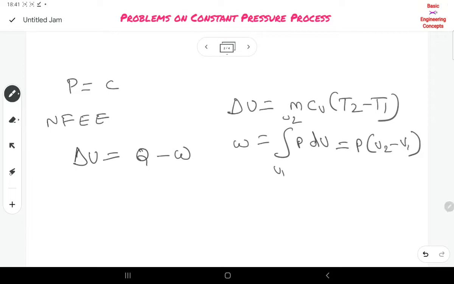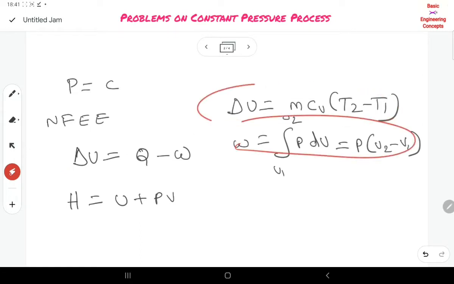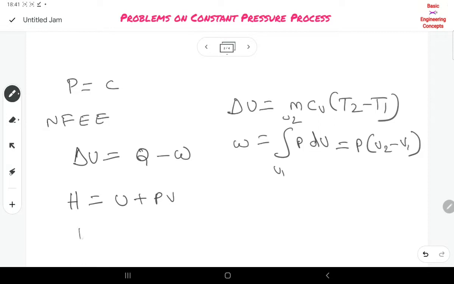By substituting these equations into the basic formula of the enthalpy, that is H equals U plus PV, we obtain that H is equal to m Cp (T2 minus T1).